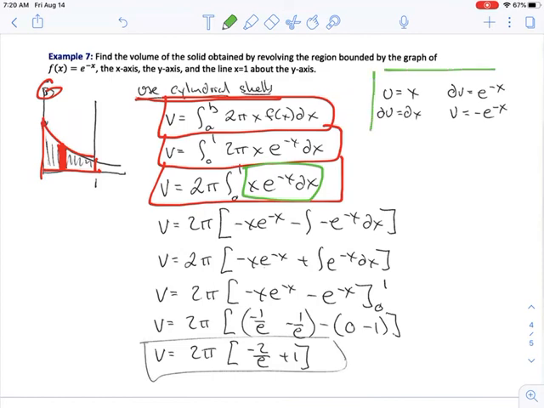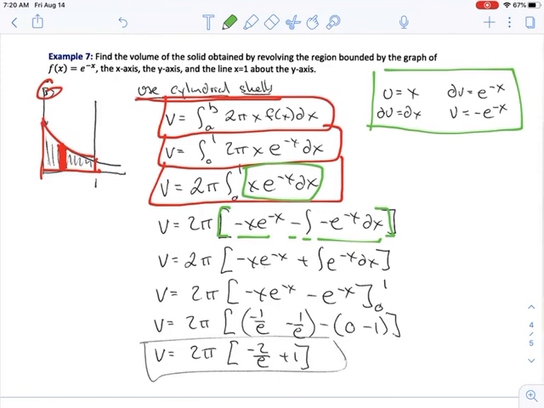So I identify my u as being x, my dv is e to the negative x. I get my du as dx, and v is equal to negative e to the negative x. Putting that all together into the formula right here, we have u times v minus the integral of v du.